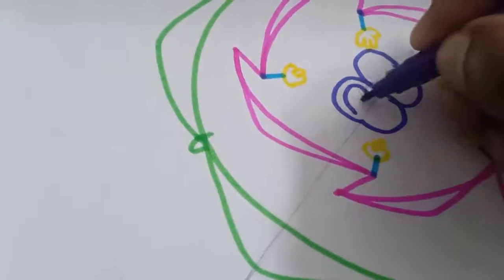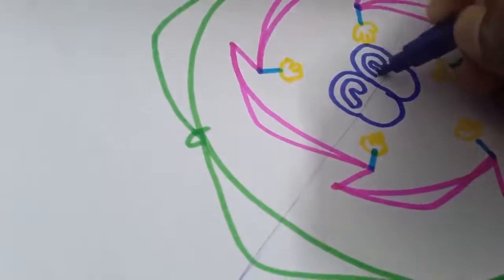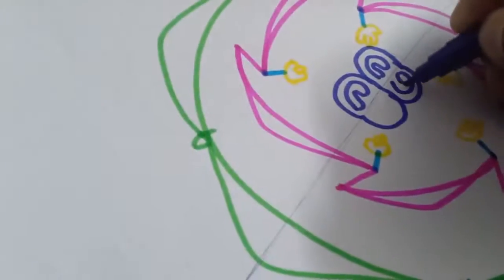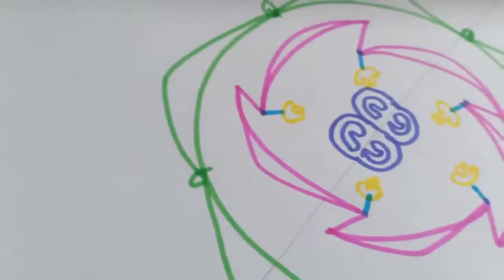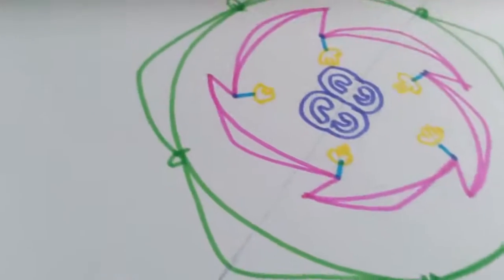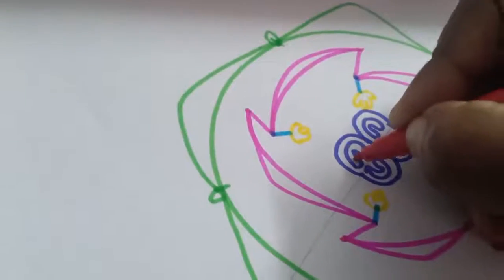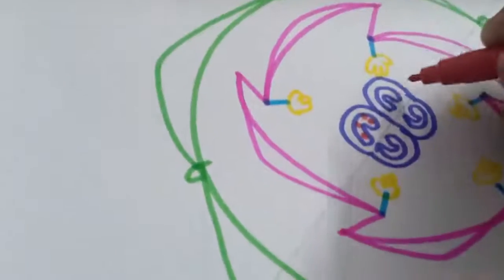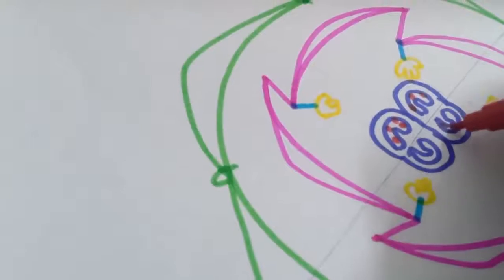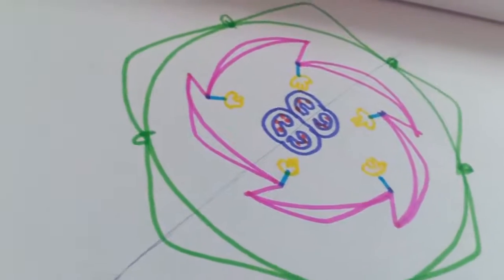So it has 4 chambers, and each has ovules in axile placentation. So this is the floral diagram of Datura metel. Very simple and very interesting diagram.